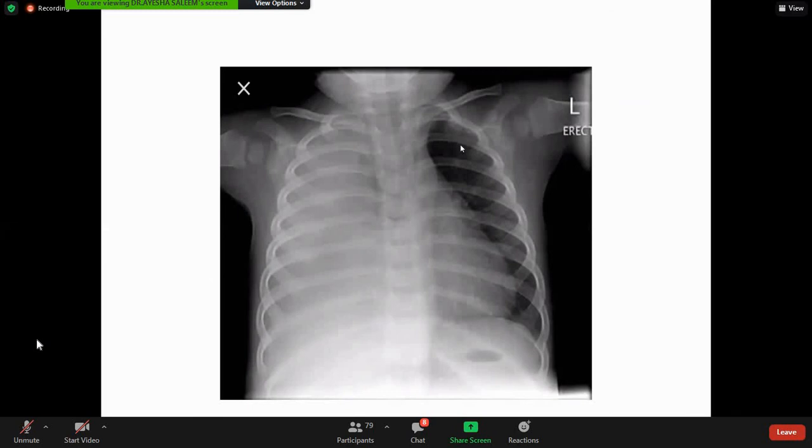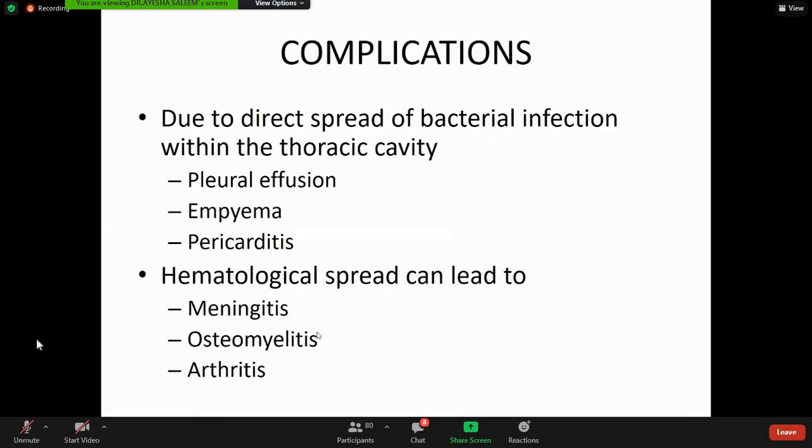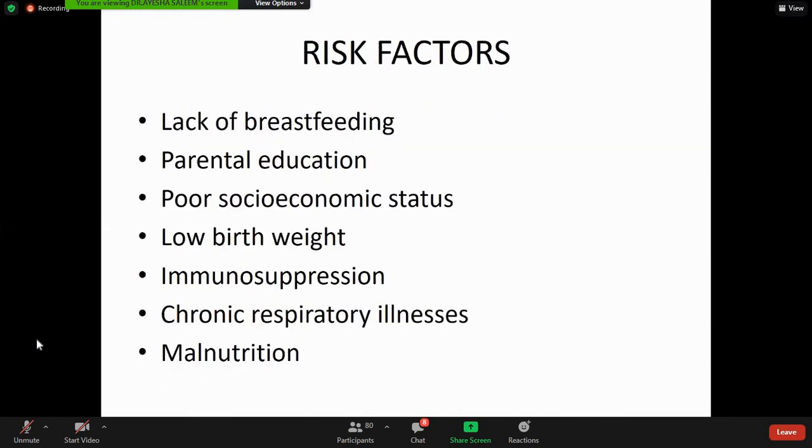It's a very important slide. You should all know the complications which can occur due to direct spread and the hematological spread of pneumonia. LDH is an inflammatory marker basically, and it becomes very high in cases of bacterial infections. So it's an inflammatory marker just like C-reactive protein and ESR, erythrocyte sedimentation rate, all right?